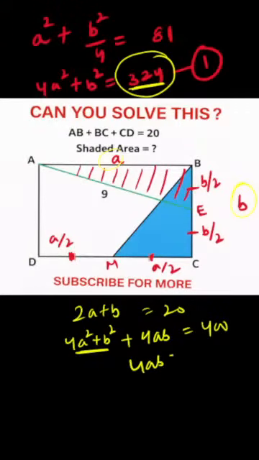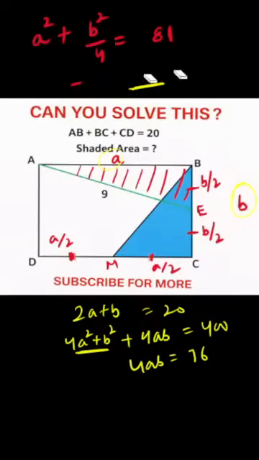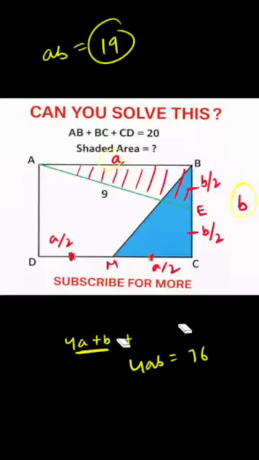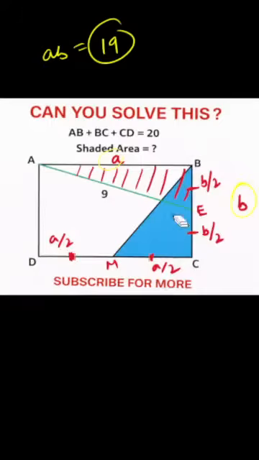So my 4AB is going to be 400 minus 324, which is nothing but 76. And from here, if I divide by 4 on the other side, AB is going to be 76 by 4. So AB is 19. Once I got AB, I can solve for the area of the shaded region.